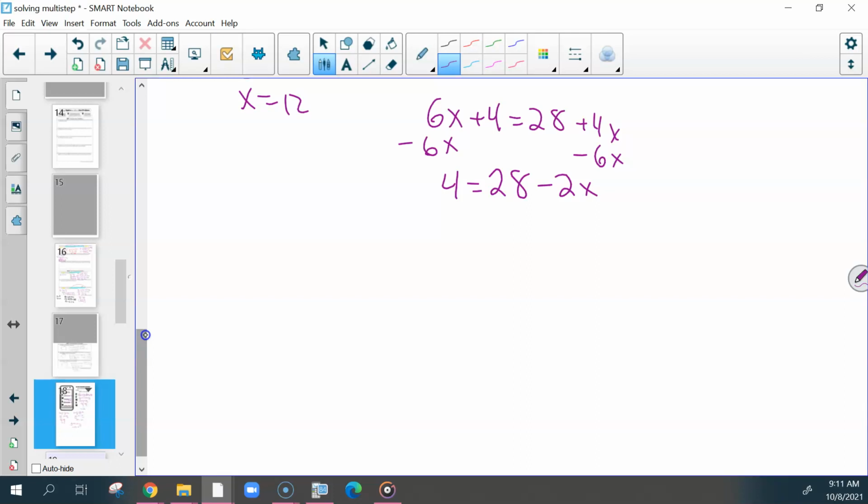And since we moved our 6x to the right, we now have to move our constants to the left. So we're going to subtract 28. And we end up with that same thing we just got before.